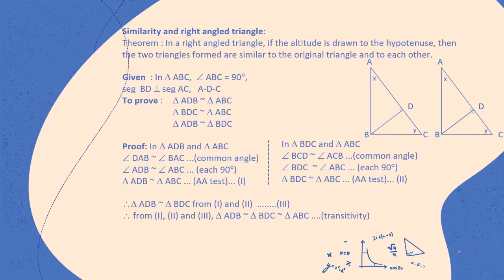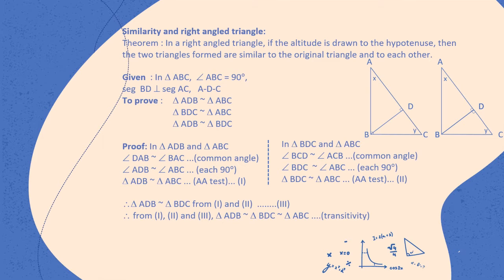Let us look at how we prove that these two individually made triangles are similar to the parent triangle or the mother triangle. Okay, so we are looking at the triangle ABC. The angle B is 90, which is obviously the case. Segment BD is perpendicular to AC.